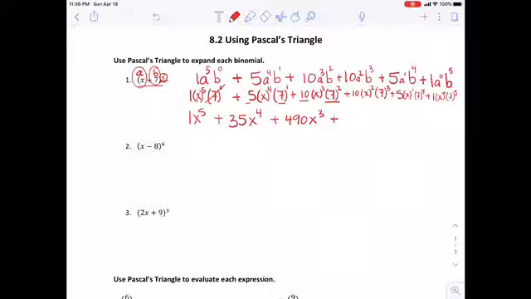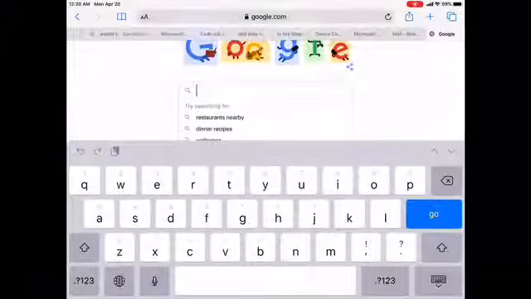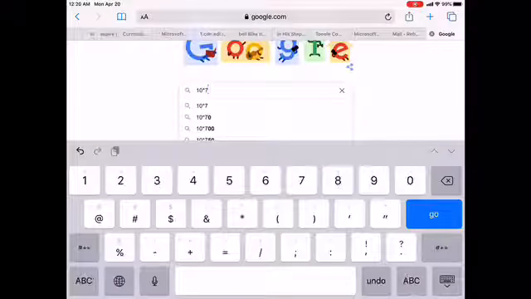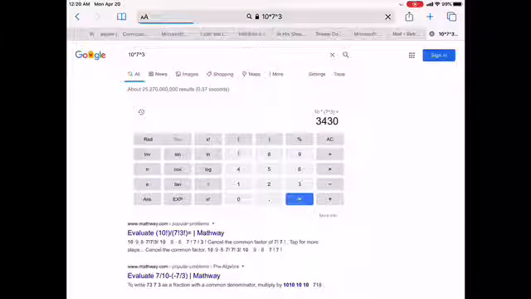plus 10 times 7 to the third. Now I don't know what 7 to the third is, so I'm going to go to Google and check that. Here in Google, I'm going to type 10 times 7 to the third power. And Google tells me it's 3,430.